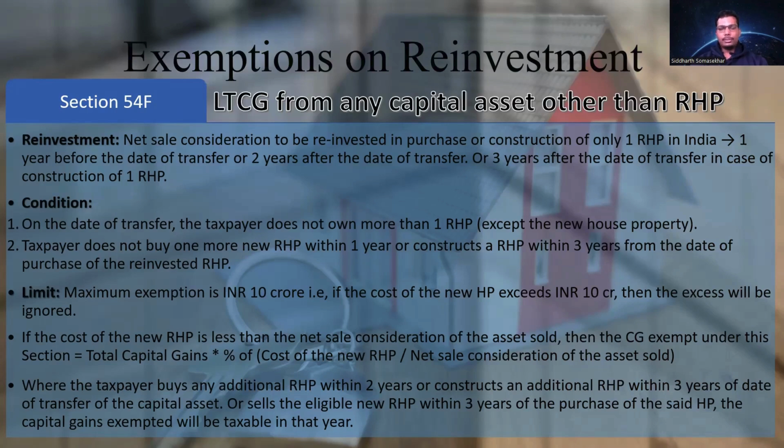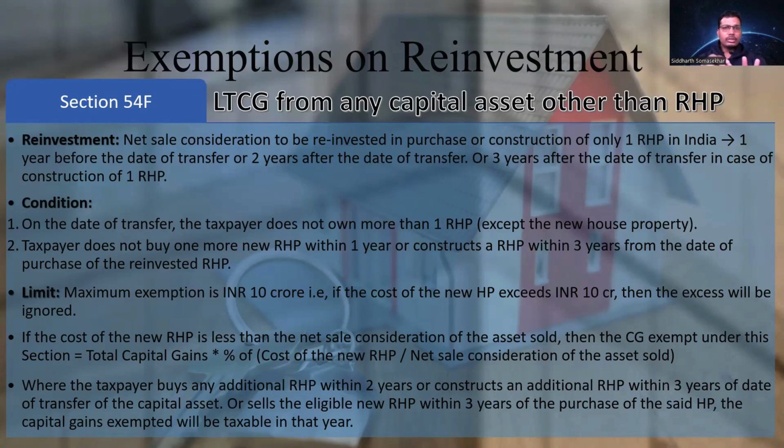Now, how would you compute the exemption on the capital gain if you are going to reinvest in a residential house property which is less than the net sale consideration that you have received in the original asset? So let's say you got a net sale consideration of 1 crore, you reinvested 80 lakhs into a new residential house property, and the capital gain that you had earned in that 1 crore property was 40 lakhs, let's say.